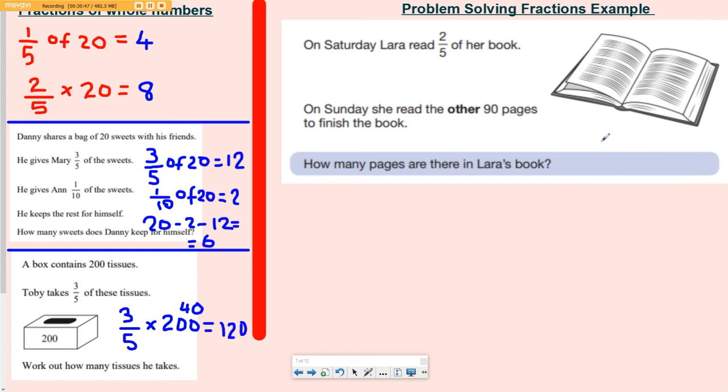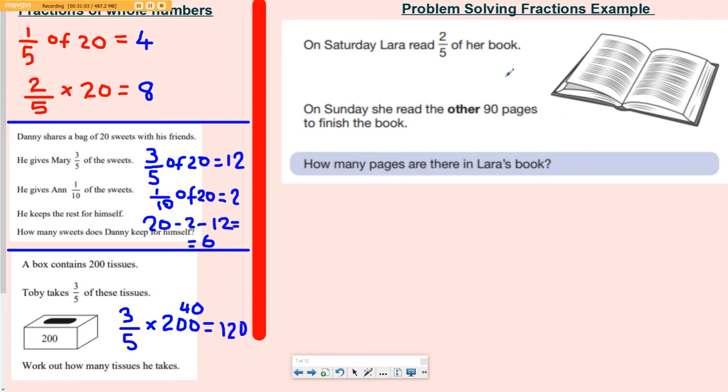So in terms of this question, what I really wanted to do is to read the question. It says, on Saturday Laura reads 2/5 of her book. On Sunday she reads the other 90 pages to finish the book. How many pages are there in Laura's book?